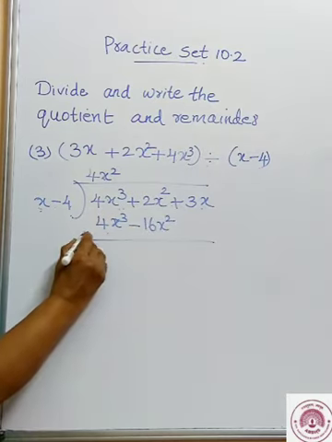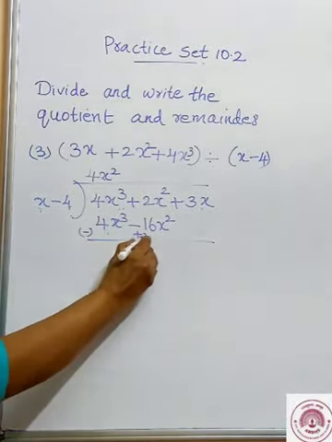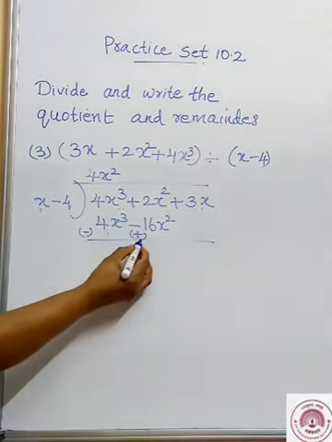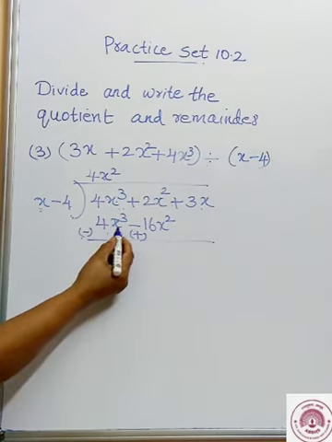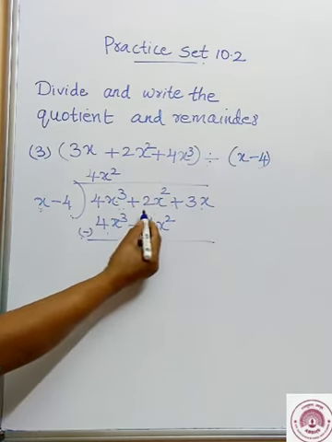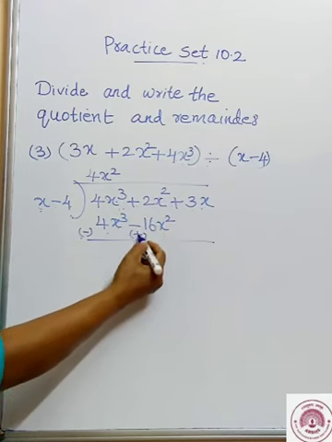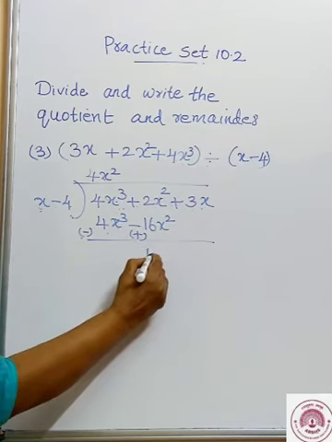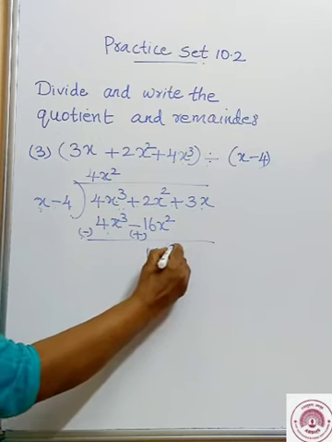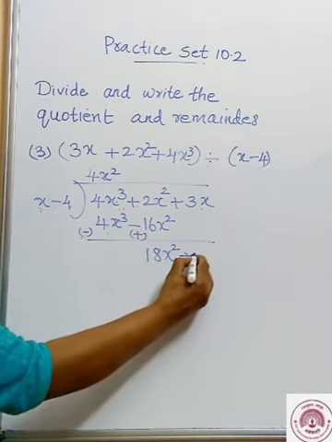Subtracting, here minus will come and this will change as plus. 4x cube minus 4x cube, we will get 0, plus 2x square and plus 16x square, 2 and 16, 18. 18x square, plus next term is 3x.